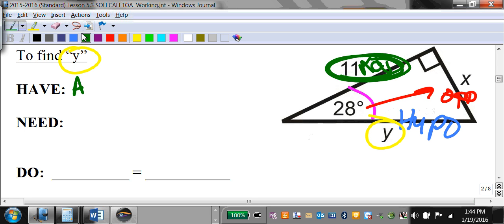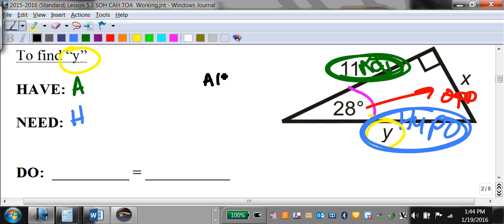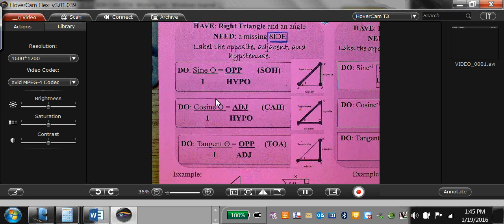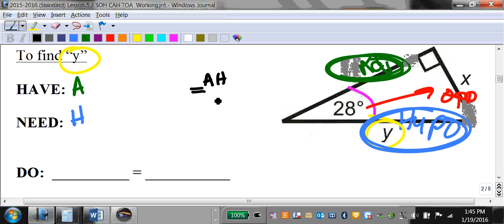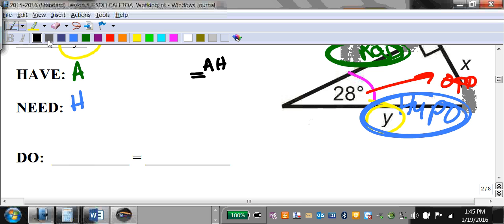This time we need the hypotenuse. We have an AH combo. What goes with AH? Right there. Okay, so we copy exactly that down. So we have cosine theta over 1 equals adjacent over hypotenuse.